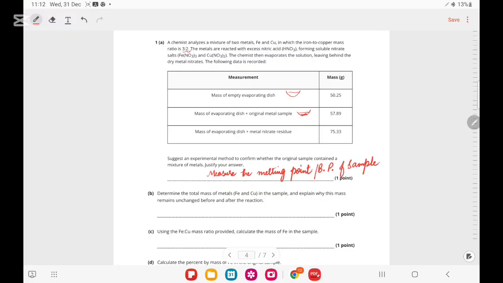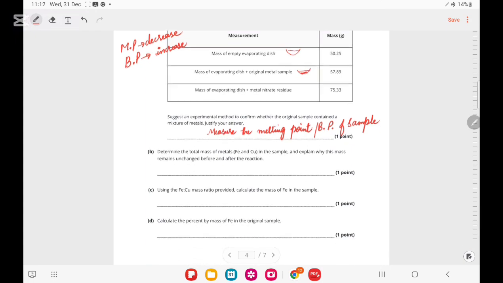But if it is a mixture, I have told you that the melting point will decrease and boiling point will increase. So this is what happens when you measure the melting point of the mixture.